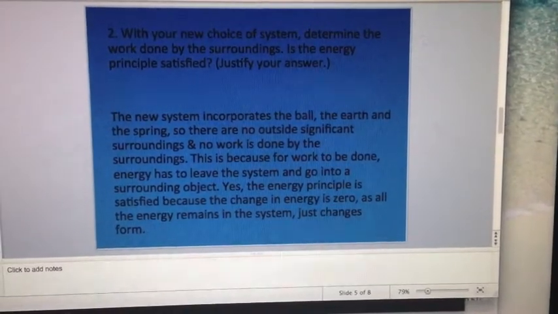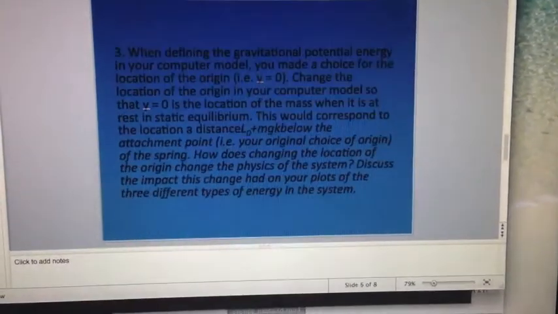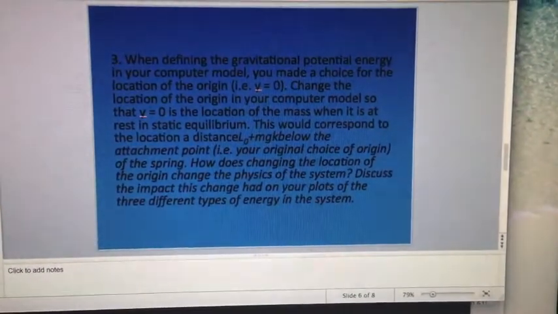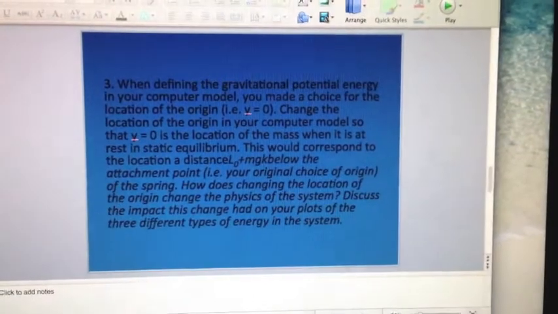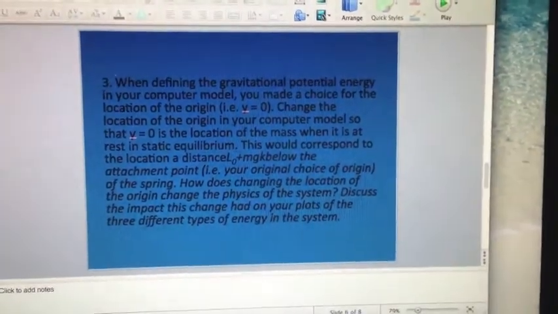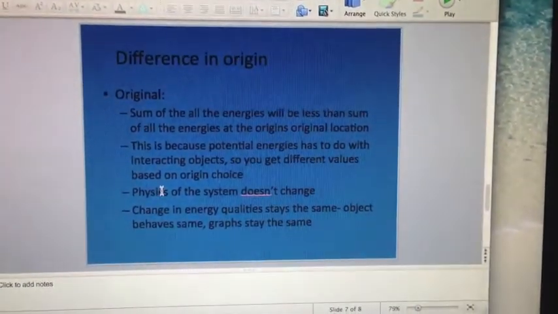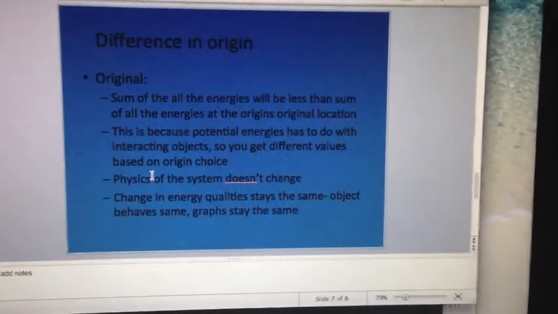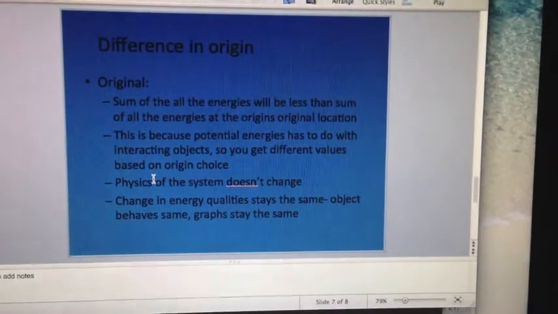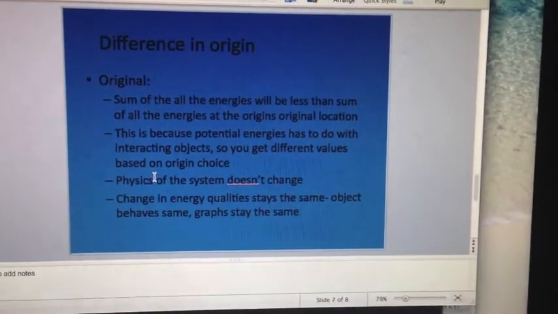Number 3 on the what does it mean? Here it was just asking what happens if we change our point of origin. What happens when we do this is, we know that the sum of all the energies will be less than the sum of all the energies at the origin's original location.